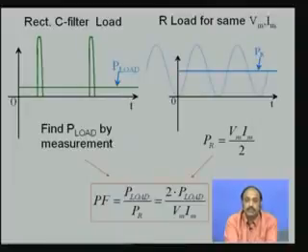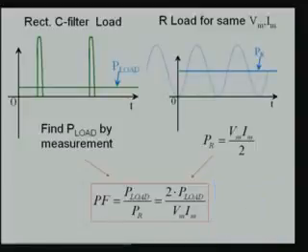Therefore, there is lot of scope for having front ends which make any given load look like a unity power factor. Unity power factor front ends are very important pieces of equipment, especially in today's conditions where every equipment has to be certified for having power factors which are more than 0.98 or so.